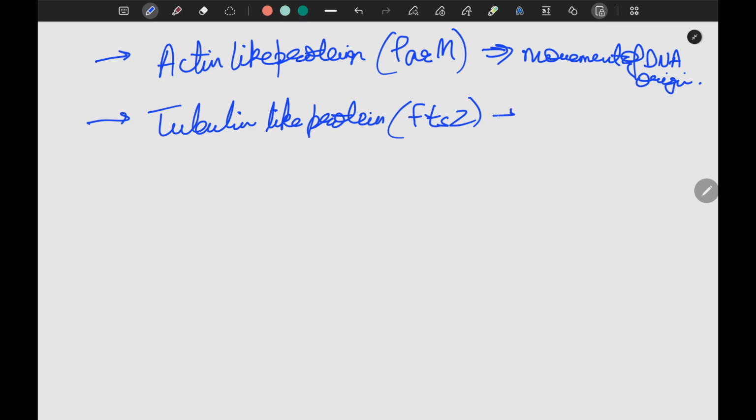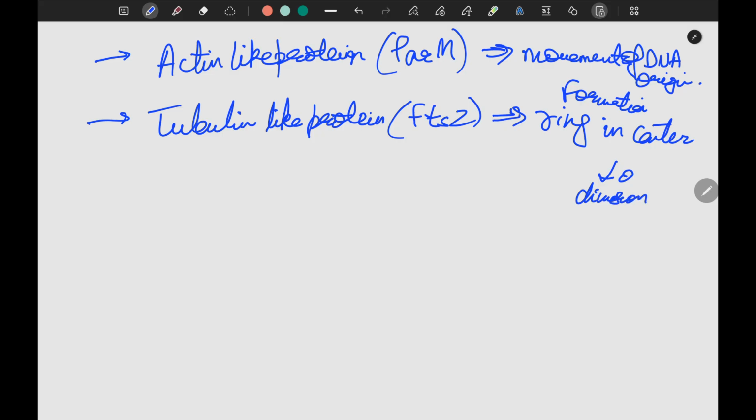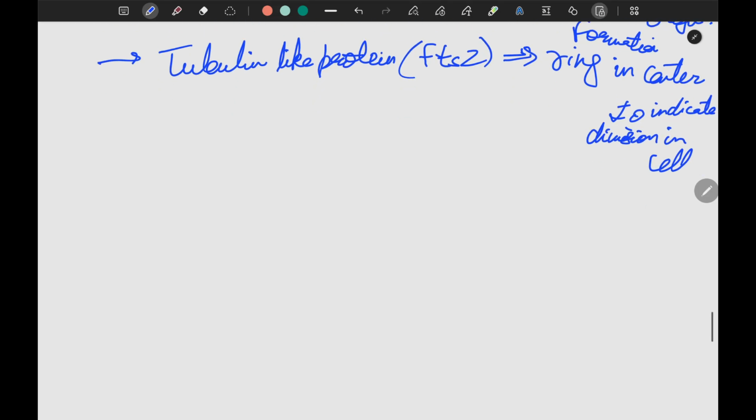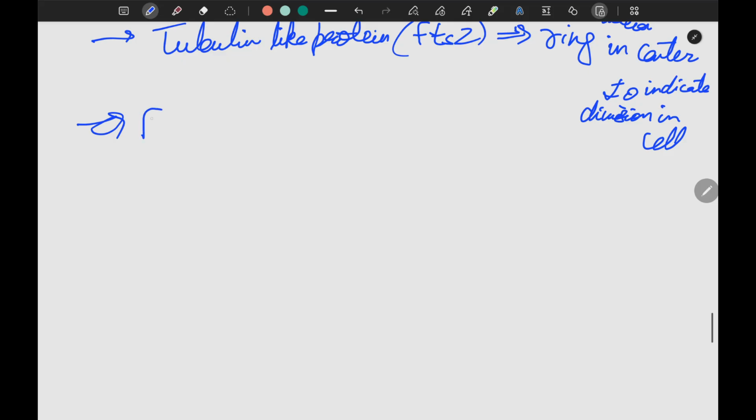What does this do? This forms a ring in the center, a ring-like structure, to indicate or start division in the cell. It is observed by fluorescent microscope.